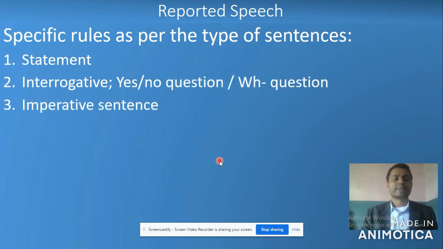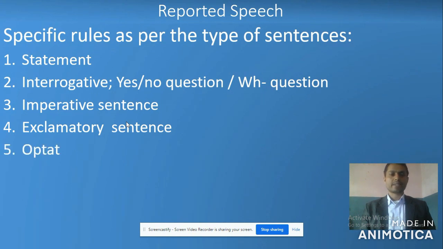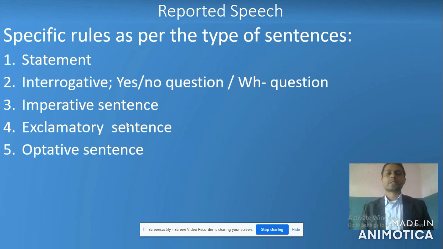Then number three, imperative sentence, number four, exclamatory sentence, and last but not least, optative sentence. So very first, you have to identify these five types of sentences, because we have to follow a particular rule to change from direct speech to indirect speech and vice versa. Please write down these five types of sentences.